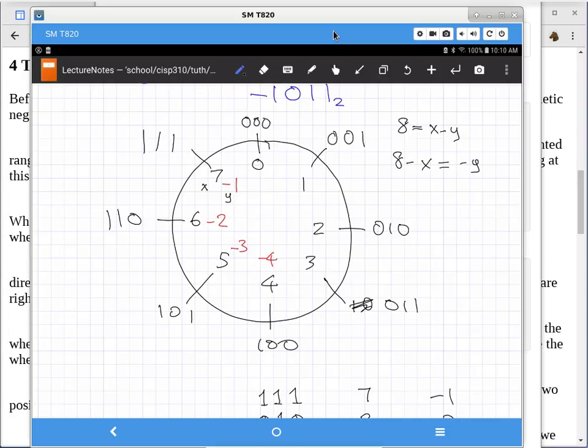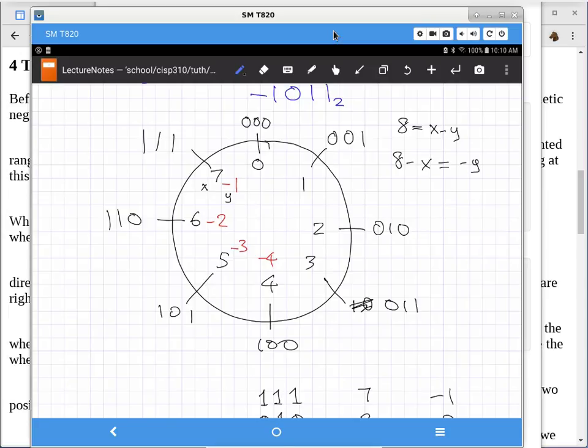Okay, this is really profound, because what it means is, in order to find out the bit pattern of a particular negative quantity, so y itself is a negative quantity, if you want to find the representation of that, you just have to go through this math to find the bit pattern of the negative quantity.